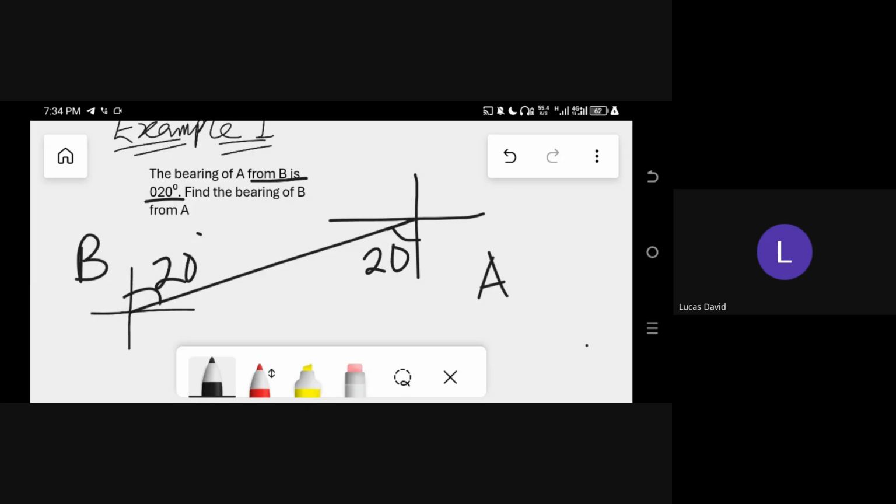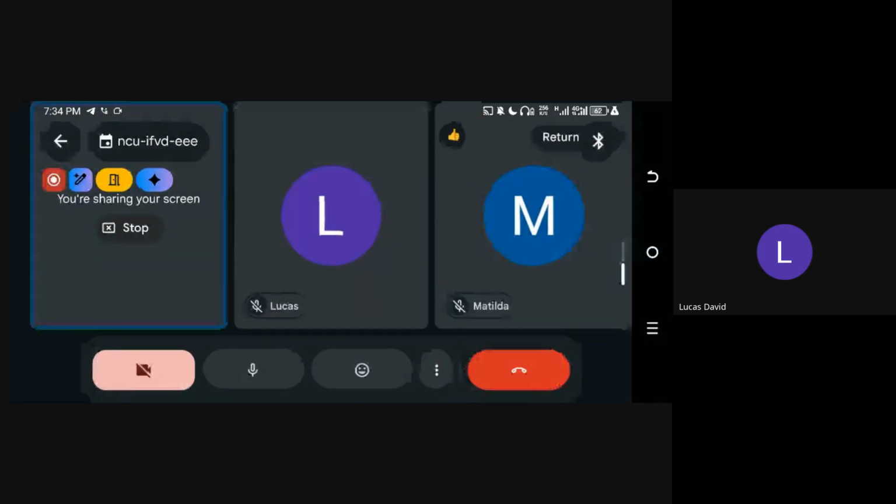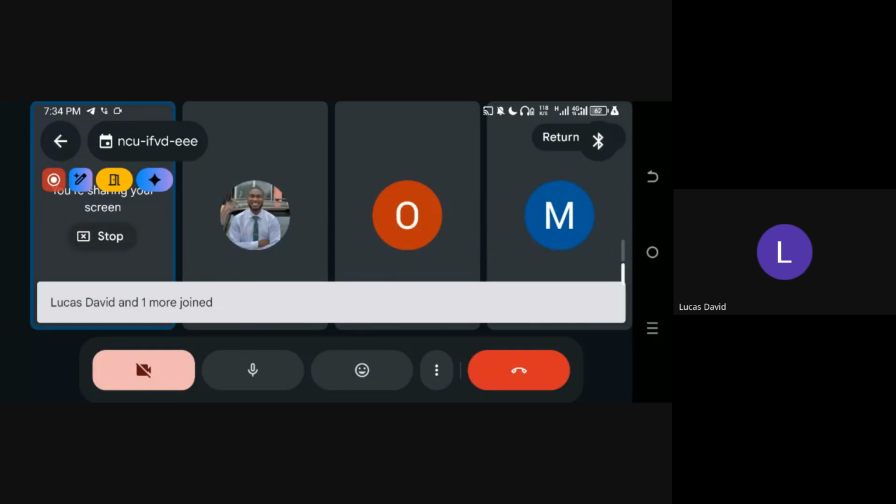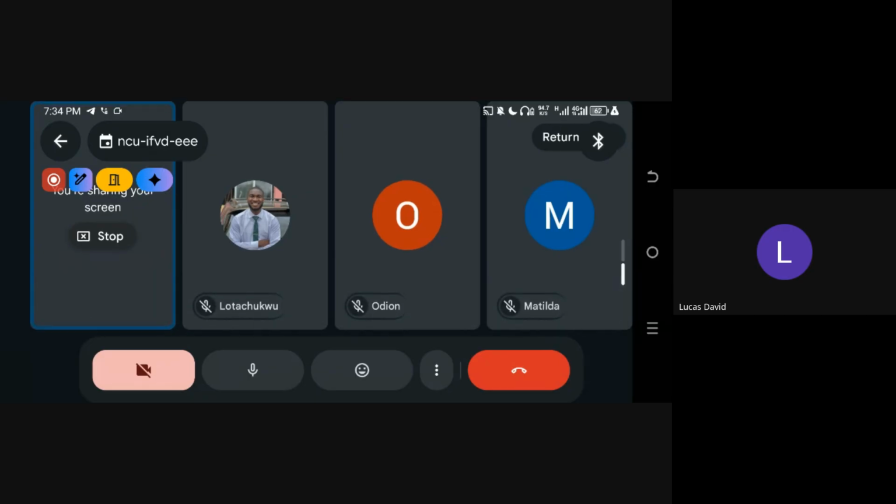Who can tell us the reason why, if that point in point B is 20 degrees, then this other part in point A is also 20 degrees? Audion, let's ask you this question.